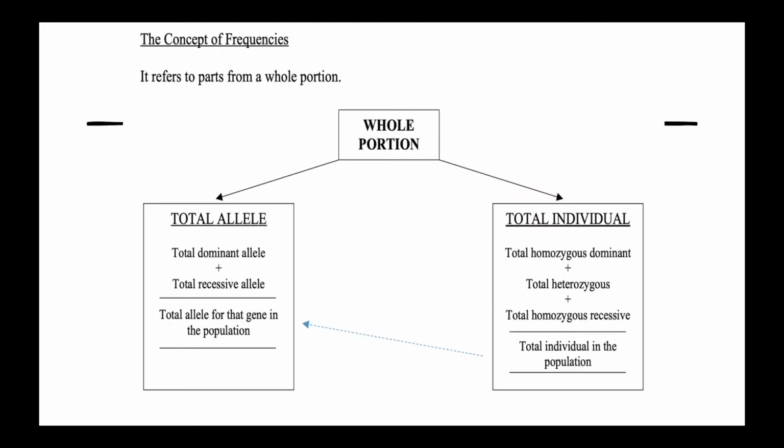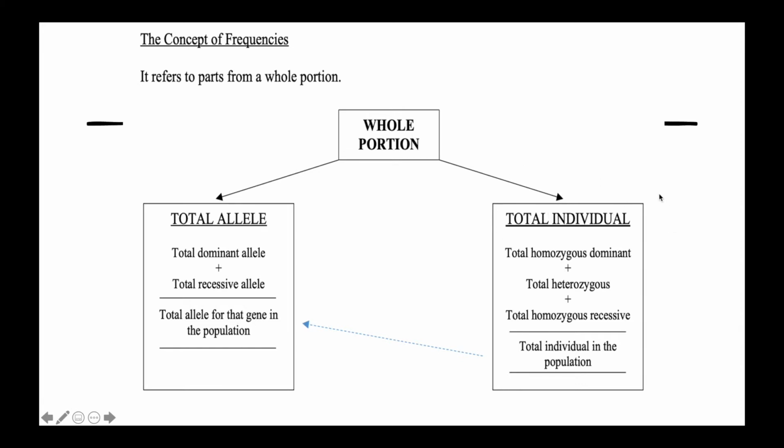The concept of frequencies, just like percentage or ratio, refers to parts from a whole portion. What are the whole portions we're talking about? We can talk about the total alleles present in the population. The total number of dominant alleles plus the total number of recessive alleles of a particular gene in that population will give you the total alleles of that gene in the population.